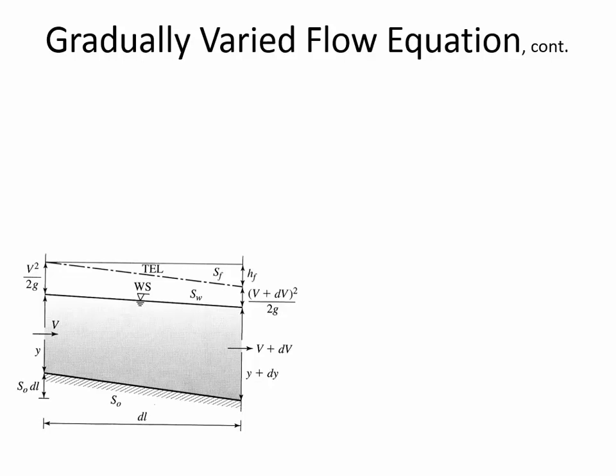So let's say S naught and S sub w are parallel. So S naught is equal to S sub w. So is the water getting deeper or shallower? Neither. That was a trick question, wasn't it? You smoked that one.